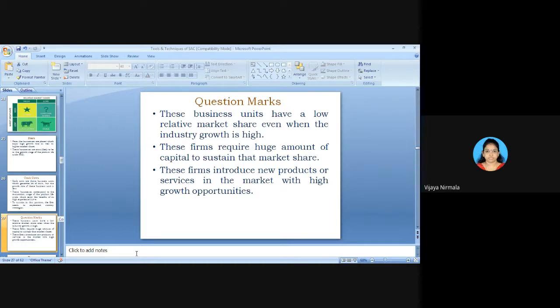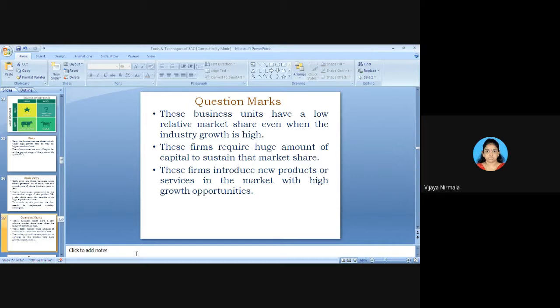These are the business units which have a low relative market share, even though the growth rate is high. The growth rate is high, but still the market share is less. Those types of blocks are categorized as question marks.